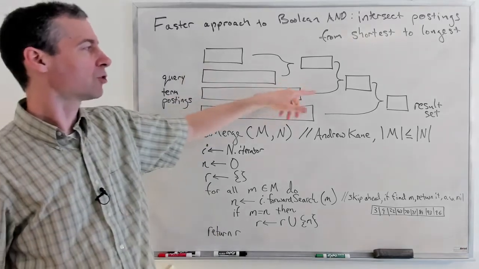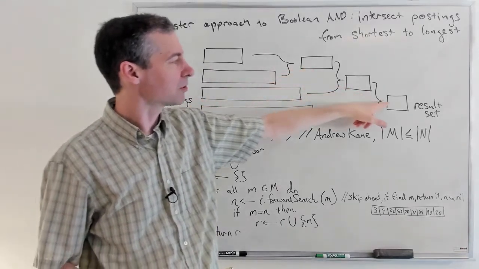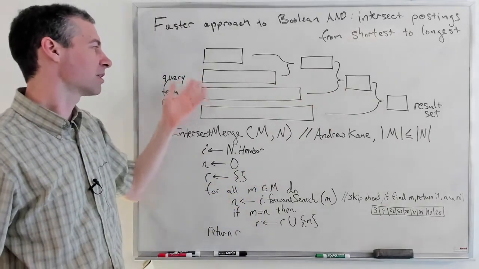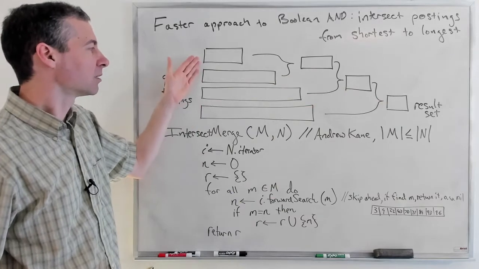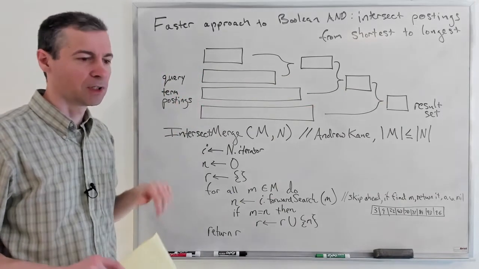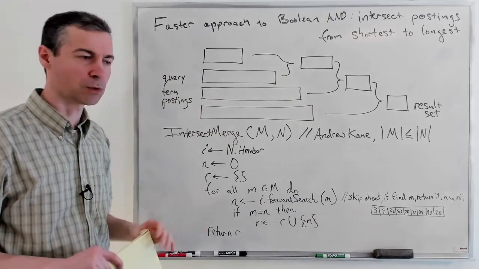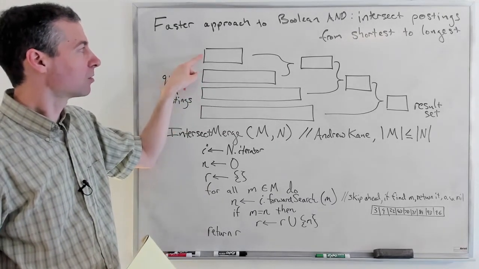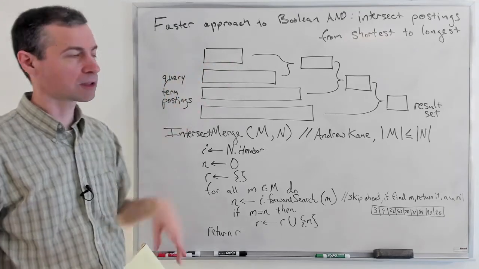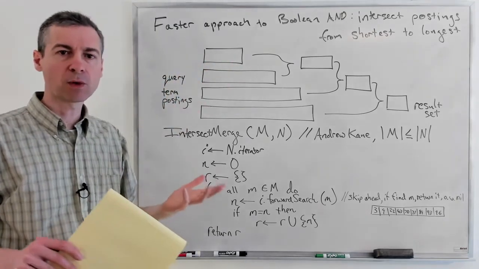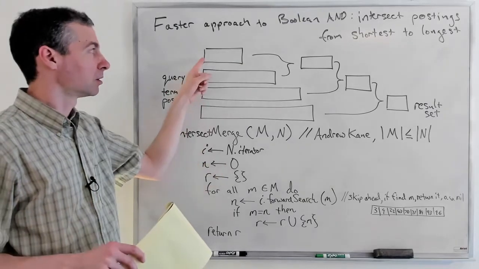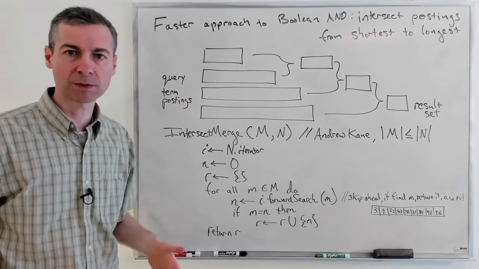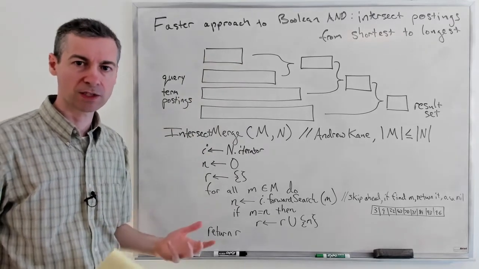And I've tried to visually show that likely our result size is getting smaller and smaller as we go along, because it's less and less likely that we'll find documents that have all of the words. The nice thing about this is that the shortest length posting tells us right away, this is the maximum possible set of documents that could satisfy this result set.